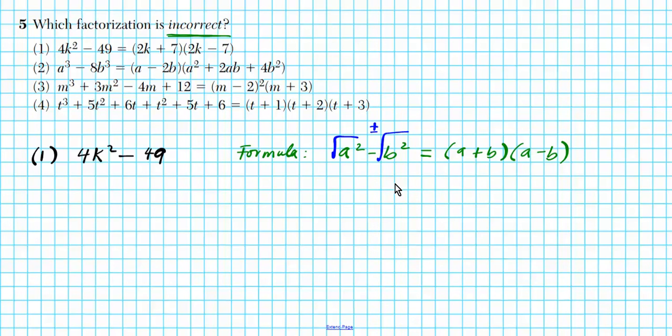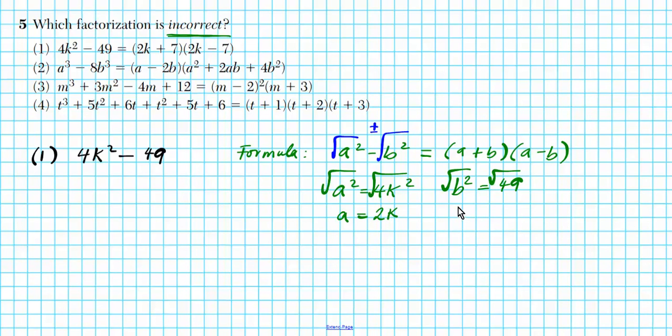Alrighty? So in this case here, a squared is 4k squared. So what do you get when you take the square root of that? That gives you a, right? So the square root of 4k squared, you square root 4, which is 2, and you square root k squared, which is k. That would be our a. Alright? To get b, we need to equate b squared to 49, take the square root.